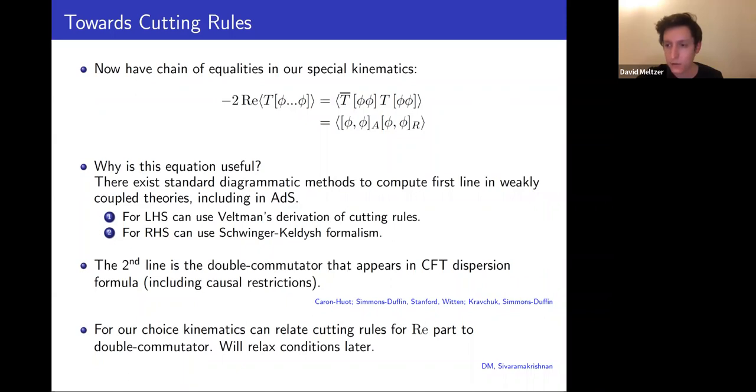Yes, I think that's true. What I'm not sure about is there's more than one possible dispersion formula you can write down for CFTs, and the double commutator seems like the nicest. But maybe there's other ones, and we can think just in terms of the real piece, and that has nice properties.